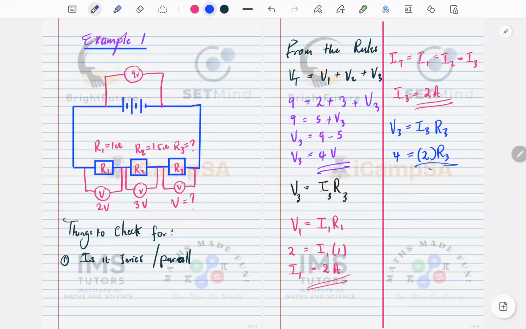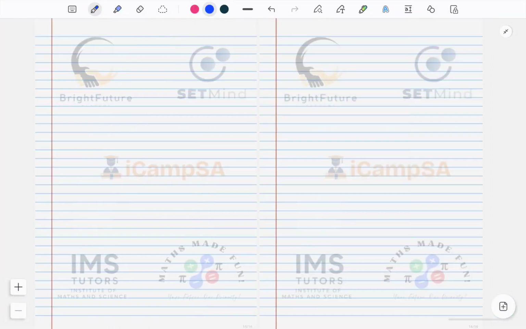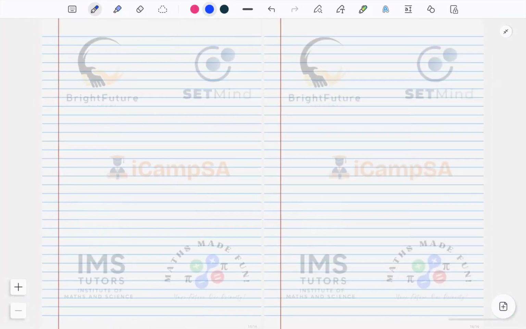So we divide by 2 on both sides, and R3 becomes 2 ohms. Now do you see how simple it becomes once you've got your rules in order?